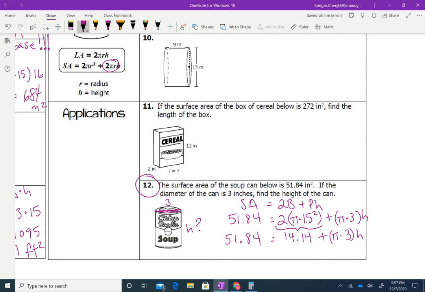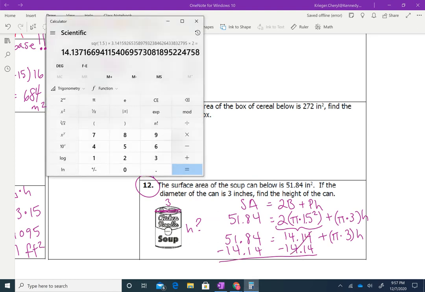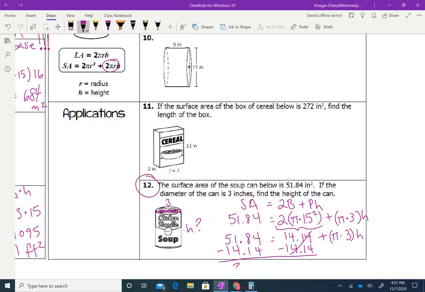Okay, so we'll subtract 14.14 on both sides because I want to get my height alone on the right. So 51.84 minus 14.14 is 37.7 equals pi times 3 times height.